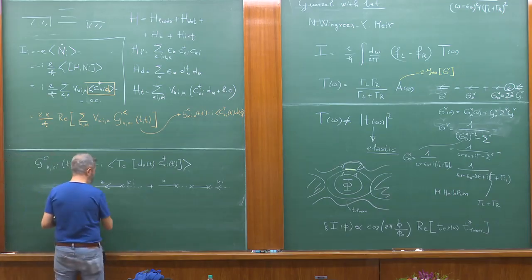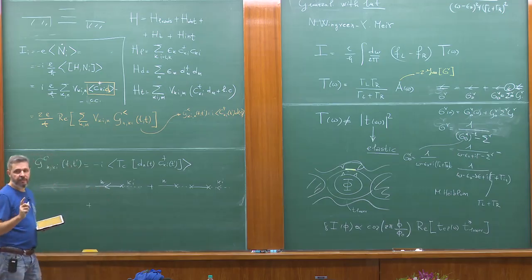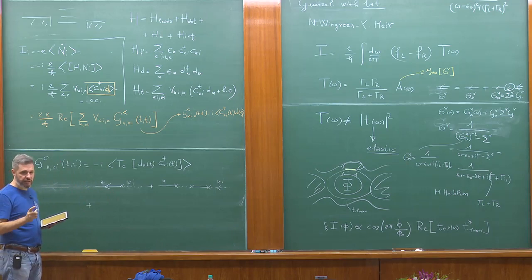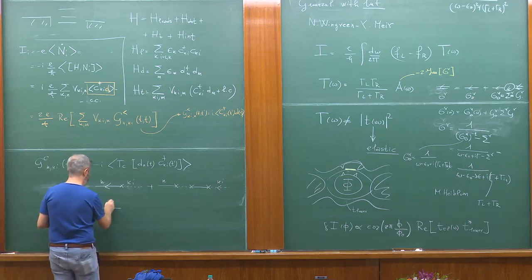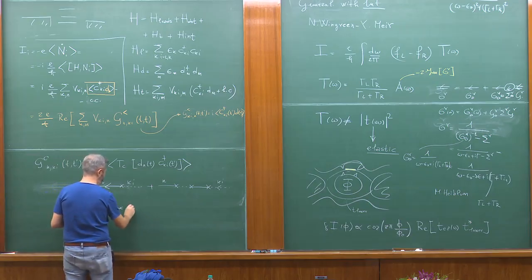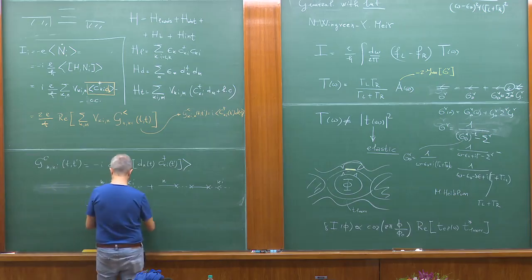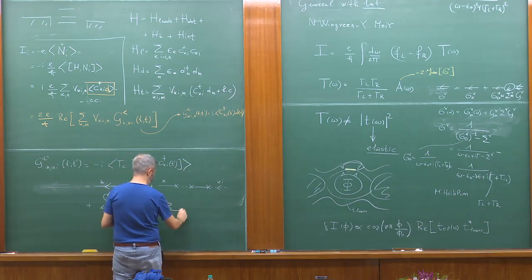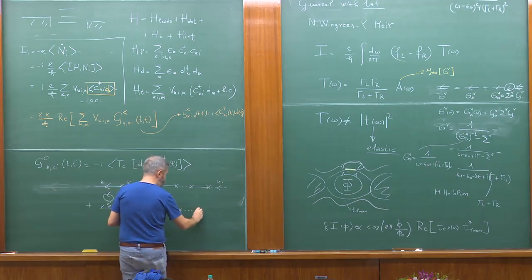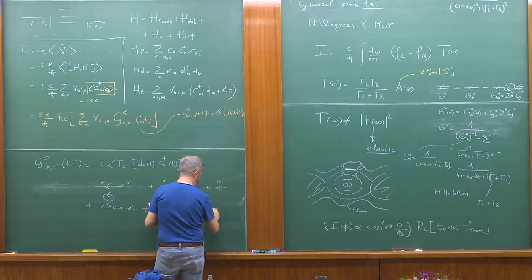What is important is that the interaction never involves electrons in the leads. So in practice, this means that, for example, this diagram will be there. This diagram will be there. Even this one might be there.